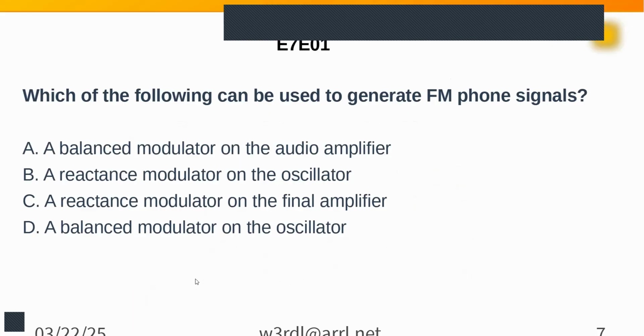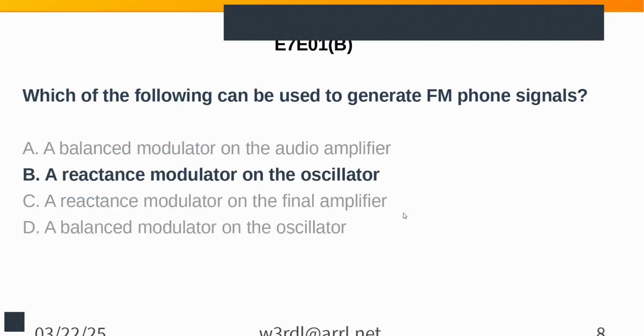So which of the following can be used to generate FM phone signals? Well, you have to pick one. Baker. Bravo. You got to modify the oscillator.